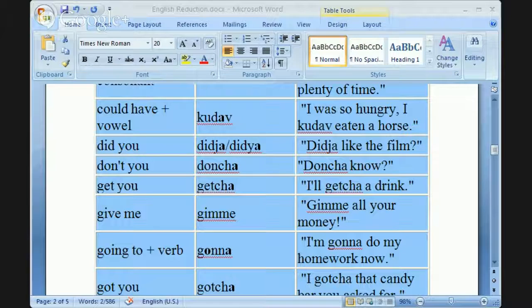If the next sound I was going to say starts with a vowel, I might say don't you. For example, if I said, writing in the verbal chat box, don't you eat snails? All right, don't you. So I have a W sound, so I can connect the consonant with a vowel.